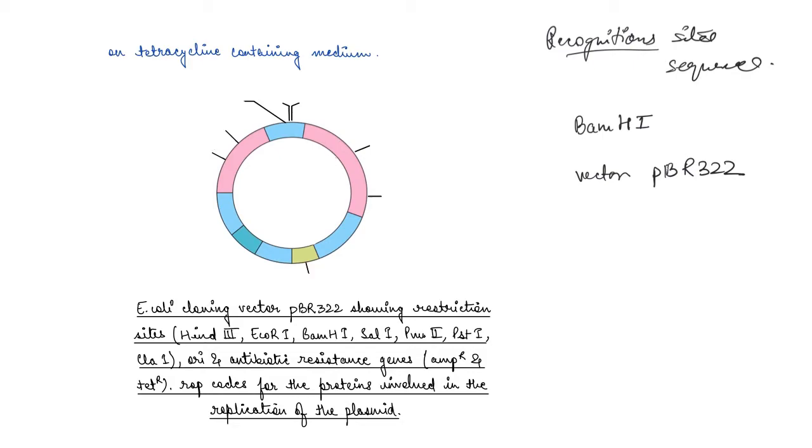So the restriction sites are HindIII, then EcoRI, then BamHI, then SalI, then PvuII, then you have PstI, and you have ClaI, right?